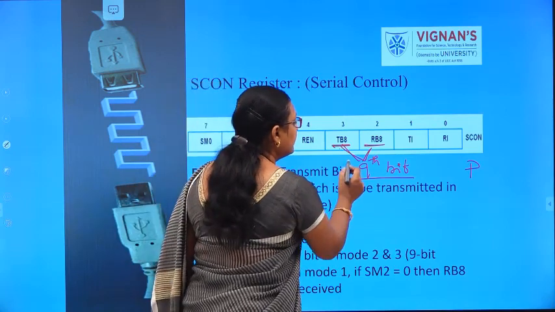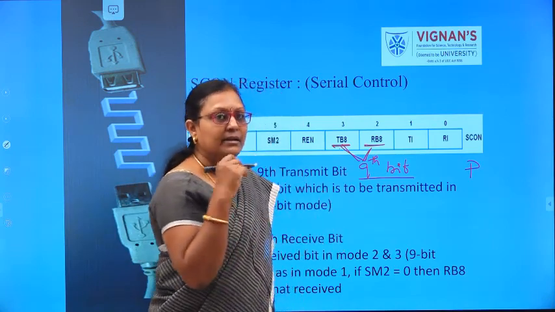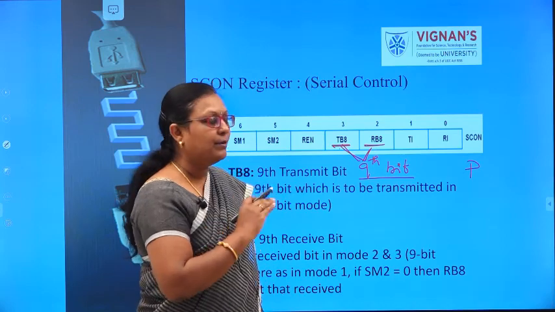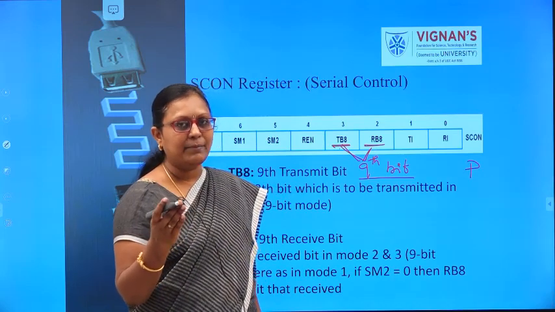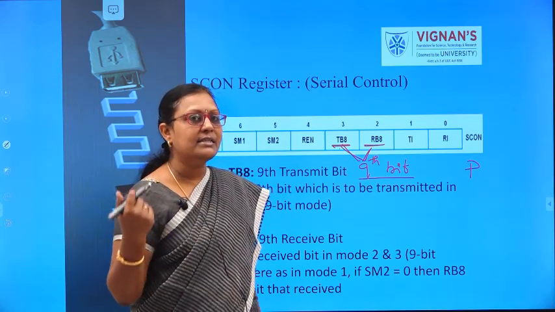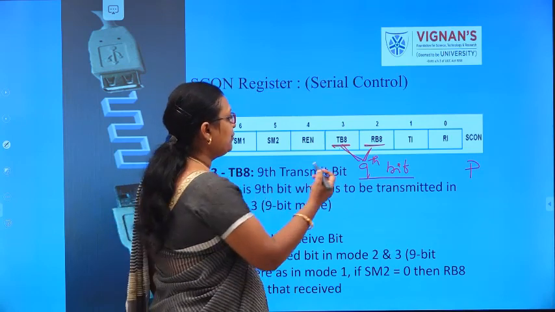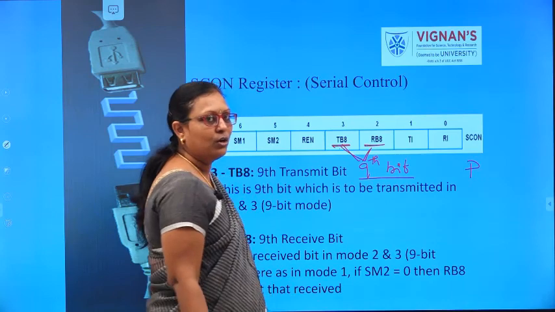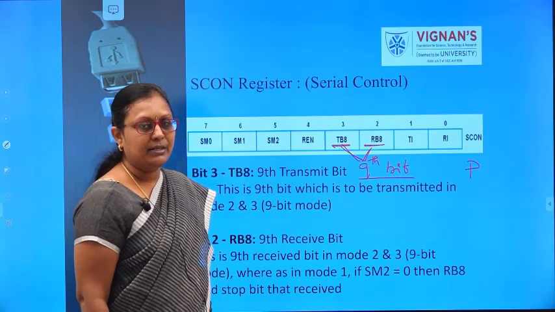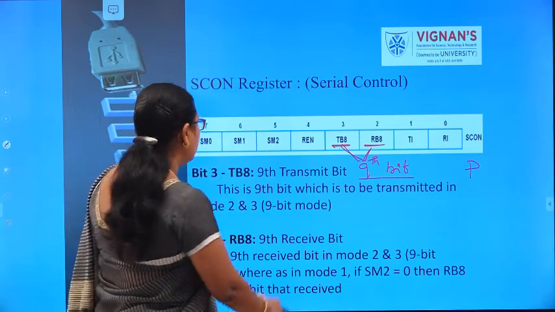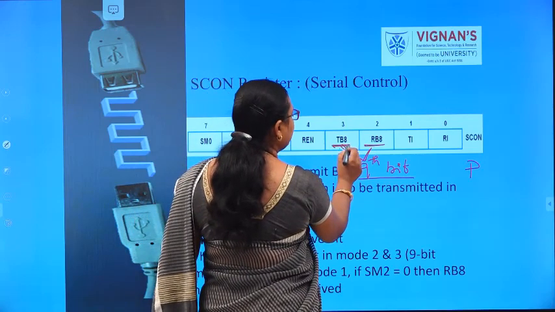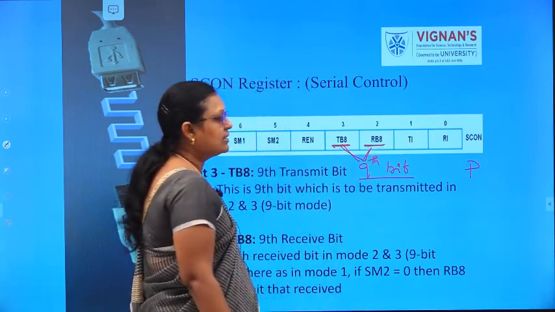It is transmitted along with your data packets, and it has to be received along with the data packet on the receiver side also. That's why we use RB8 along with the transmit bit.